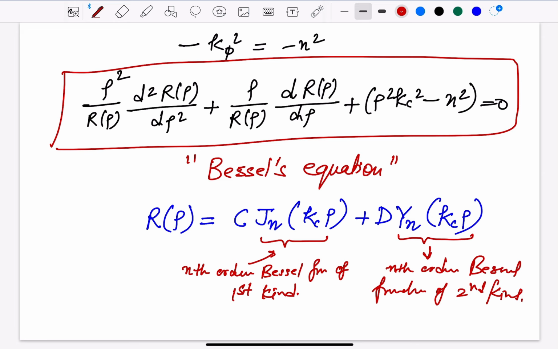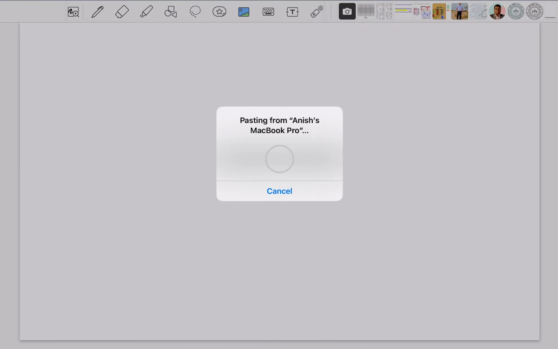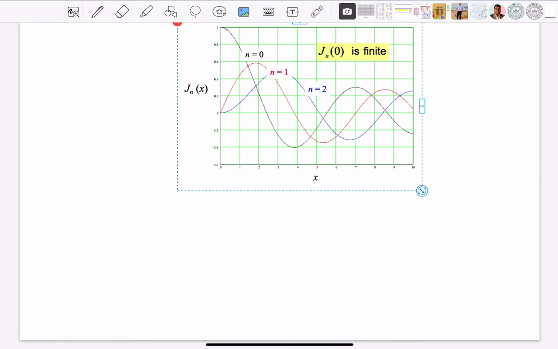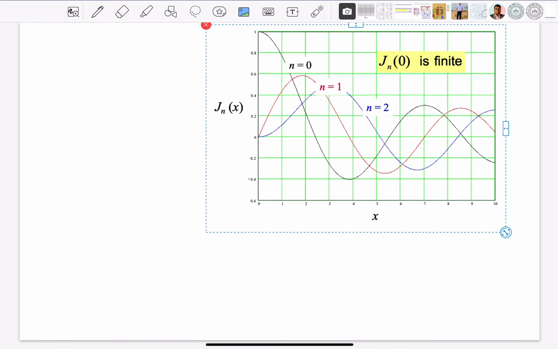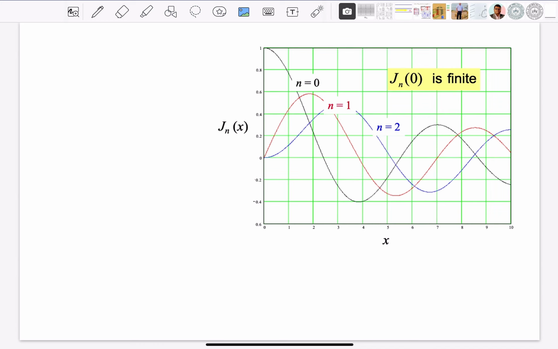Fine. So let us see some aspects of the Bessel functions. Maybe you may be aware of these things, so let me just recall. Here you can see this is Jn versus x, where x is the argument. In a similar way, kc rho is the argument there.